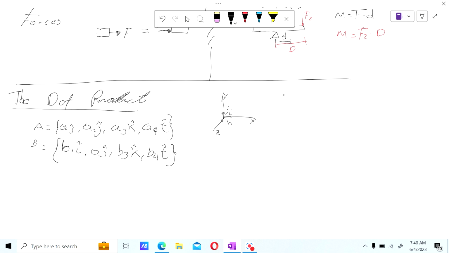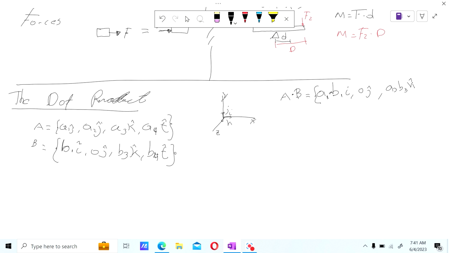So A dot B is very simple. It's each component in each direction. So it's going to be A1 times B1 in I, comma, A2 times 0 in J, comma, A3 times B3 in K. That's why I wrote them like this, because it's easy to see what I need to do.